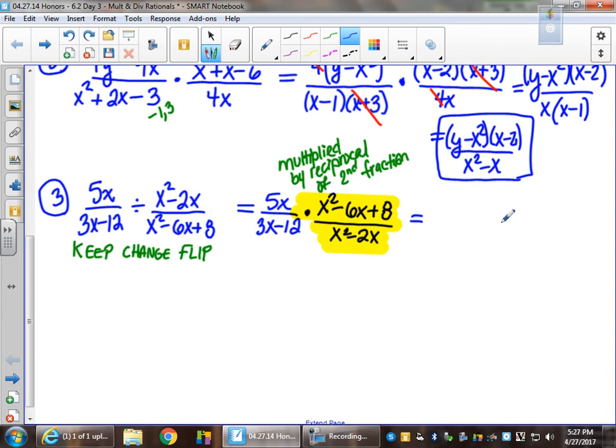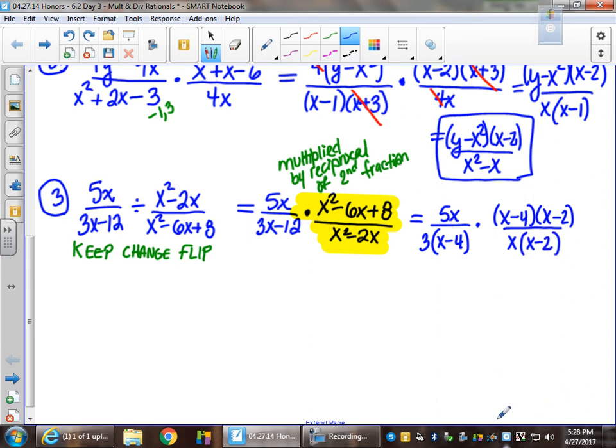Is it a trinomial where you can factor? 5x I can't do anything with, so that stays. 3x minus 12, I have a GCF of 3, which leaves x minus 4 behind. A is 1. Factors of 8 that add to negative 6 would be x minus 4, x minus 2, all divided by. Here, with x squared minus 2x, my GCF is x, leaving x minus 2 behind.